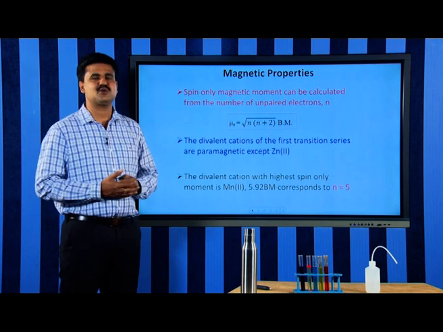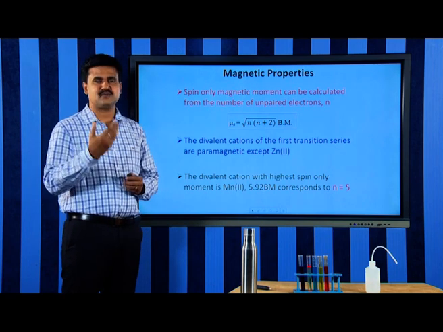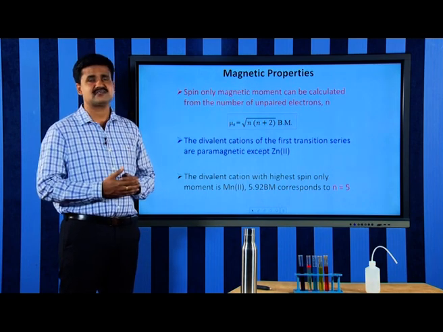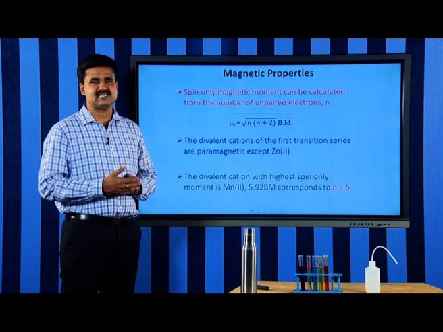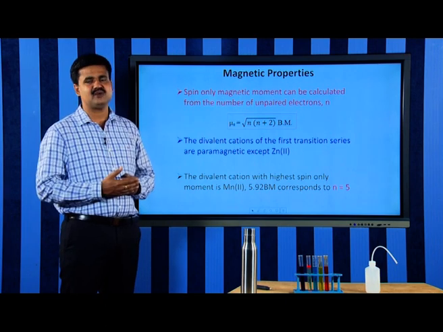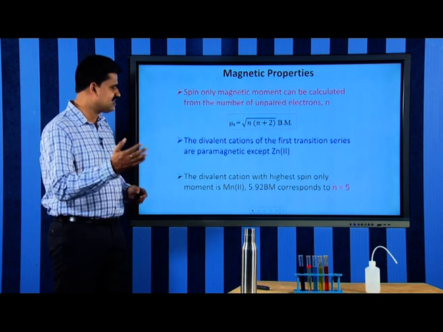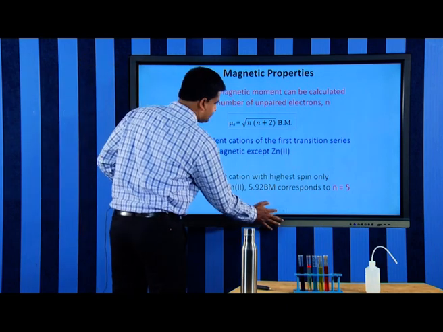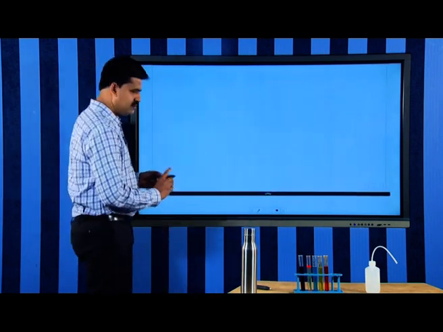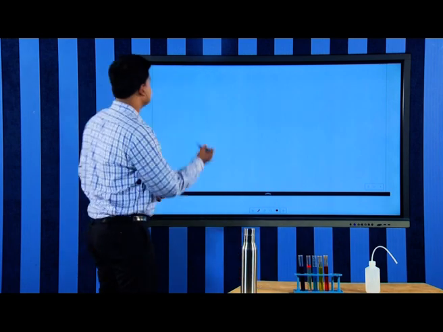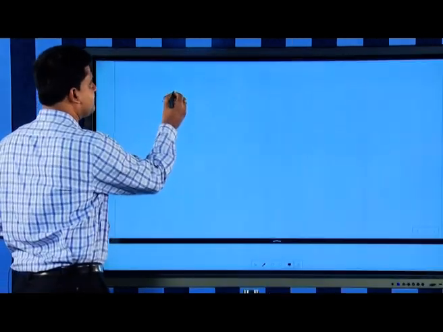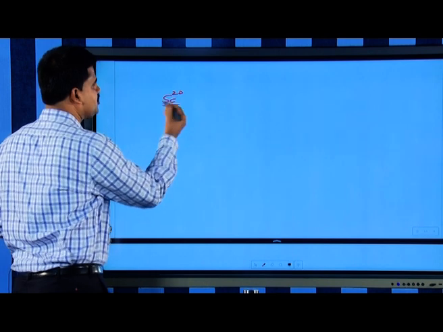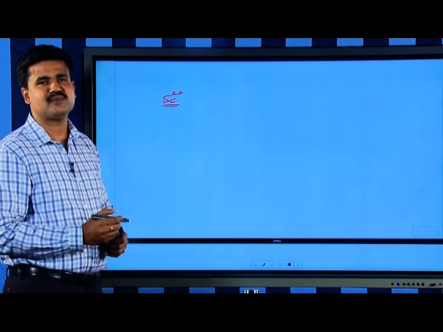It is possible to calculate the magnetic moments of divalent cations of the first transition series for their spin only value based on this equation. Let us have a trial on that. First of all, scandium 2+. How to calculate the spin only magnetic moment of scandium 2+?